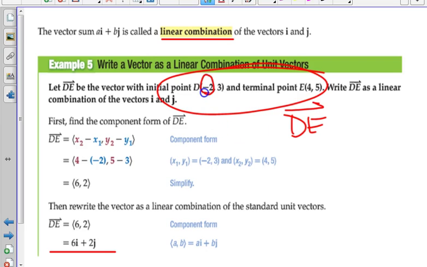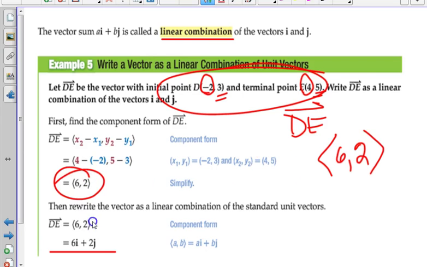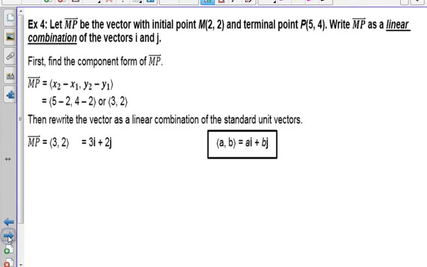It goes from -2 to +4. That's 6. It goes from 3 to 5 is 2. So we have this vector, which could also be written like this and could be changed into a unit vector if we cared.